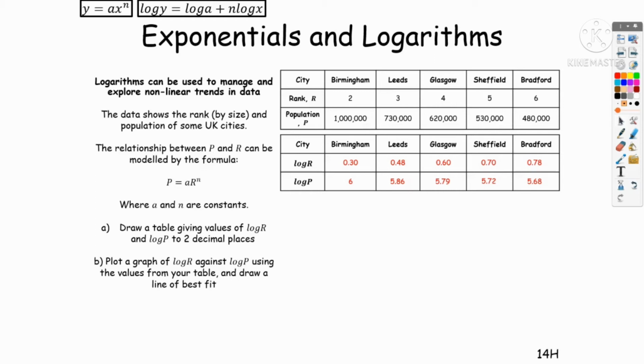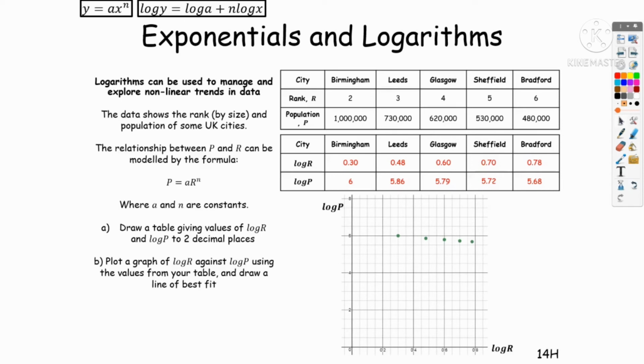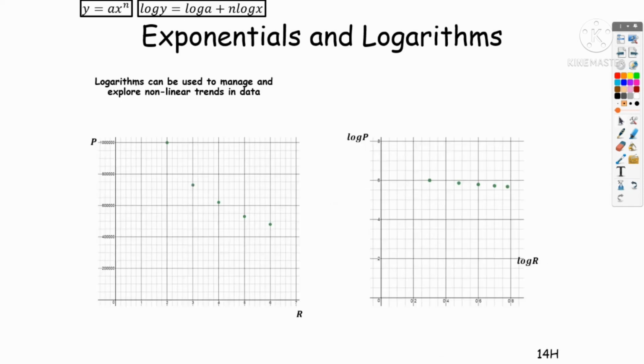That is just replacing what R is in the log calculator. So log P against log R. Logarithms are used to manage and explore non-linear trends in data. As we can see here, P and R and then P and R.